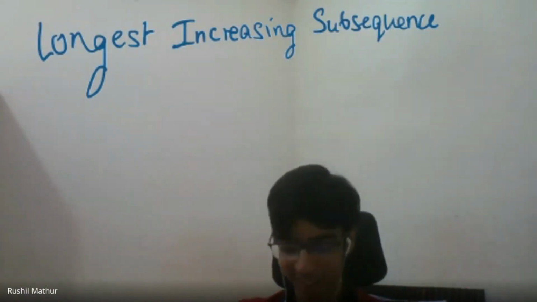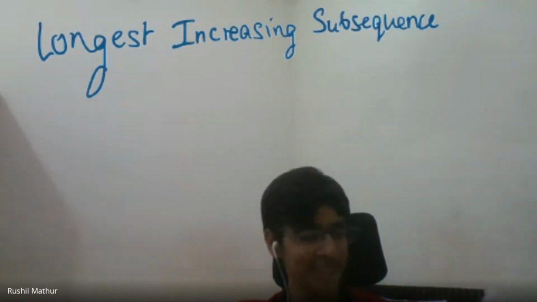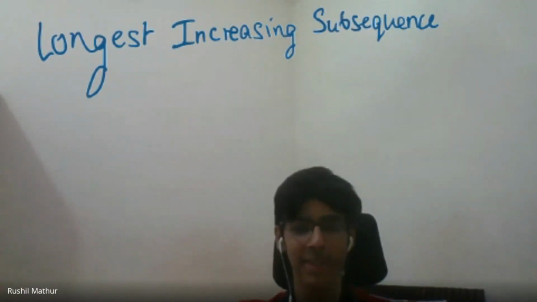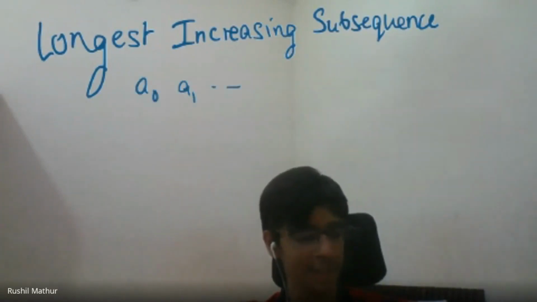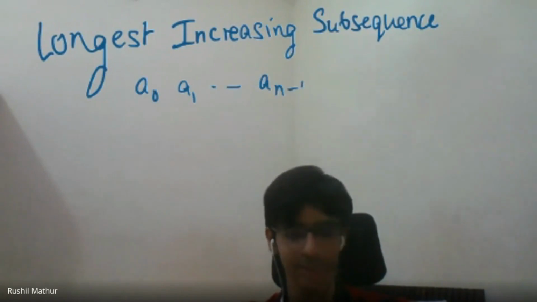Longest increasing subsequence is basically if you have a list of numbers, an array from A0, A1 to AN minus 1, and you want to find out some... Isn't it Erdős–Szekeres theorem?